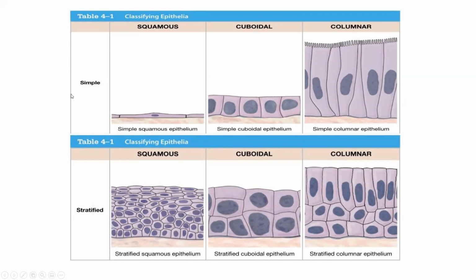And so then you can combine those two names together to come up with a descriptive way to identify the histological slide you're presented with. Simple squamous epithelium, simple cuboidal epithelium, simple columnar epithelium, stratified squamous epithelium, stratified cuboidal epithelium, and stratified columnar epithelium.